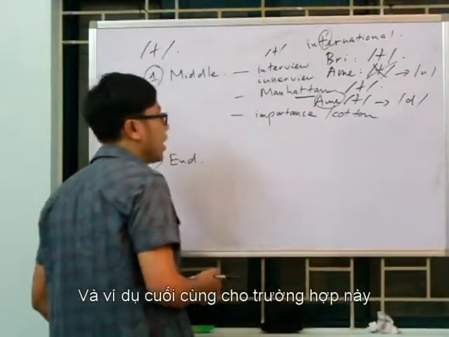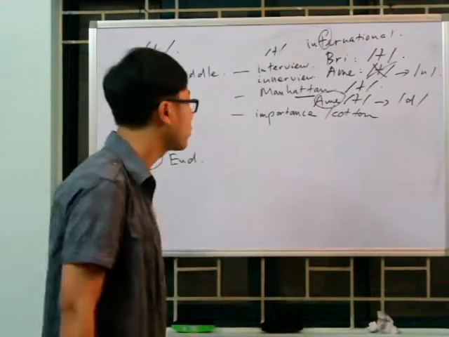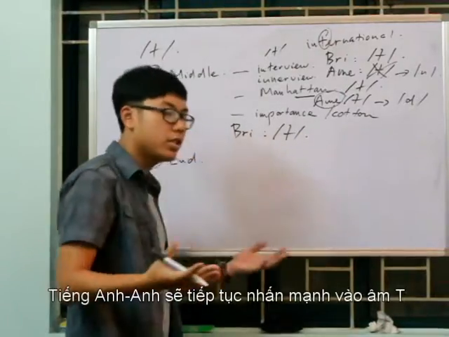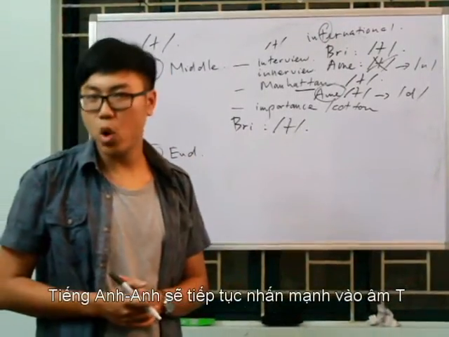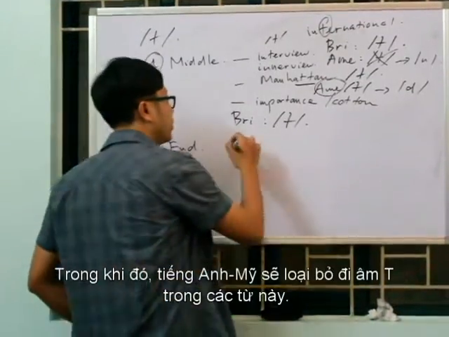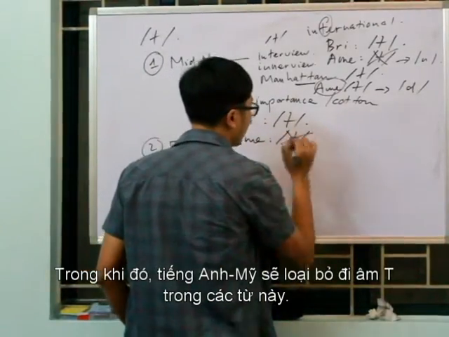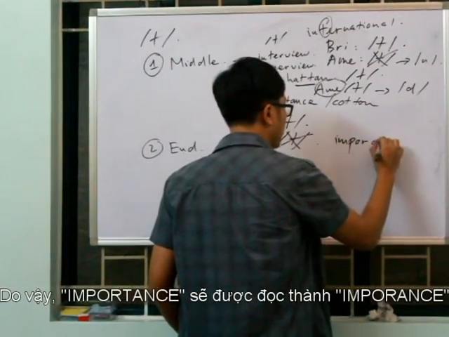And the final case is for words like importance or cotton. In British English, they continue having a strong T. Importance, cotton. However, in American accent, there's no T, so the word will become importance.